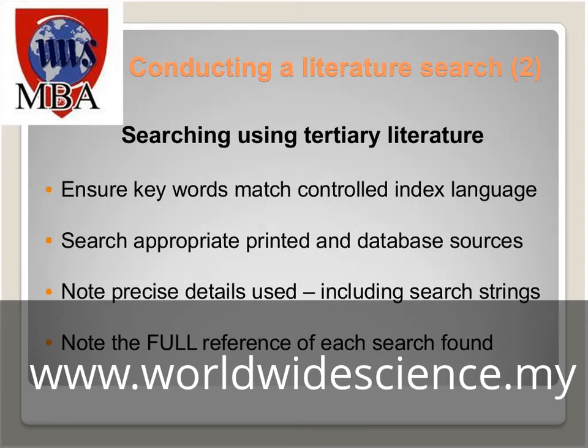Note the full reference of each item found. All right, so it is also very clear. When you want to search, you should put the word exactly correct, the spelling and everything, and also the language should be correct. And at the end of using the article, journal or literature, you should have a full citation of it.